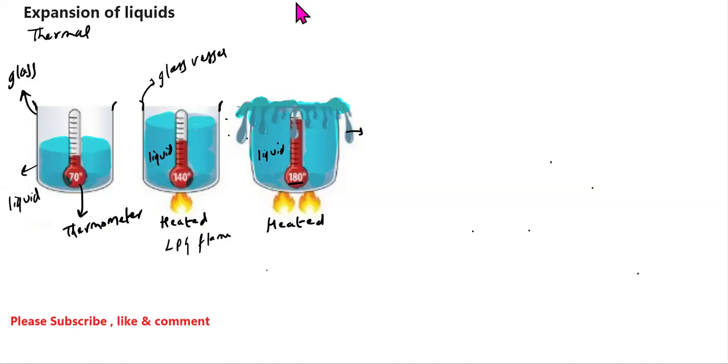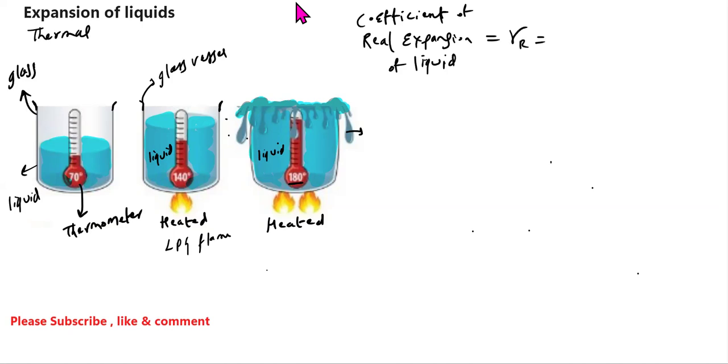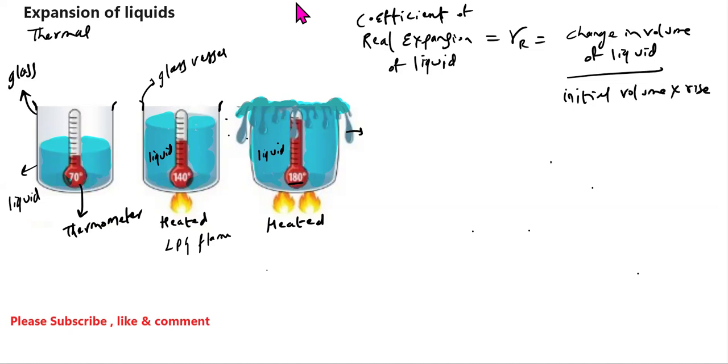Then how do we define the real expansion of the liquid? The coefficient of real expansion of liquid, gamma R, equals change in volume of liquid divided by initial volume into rise in temperature.